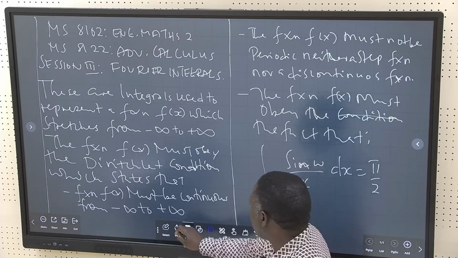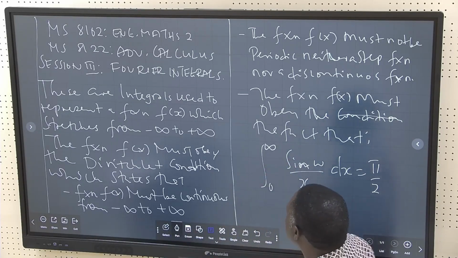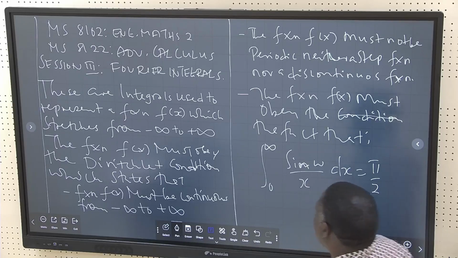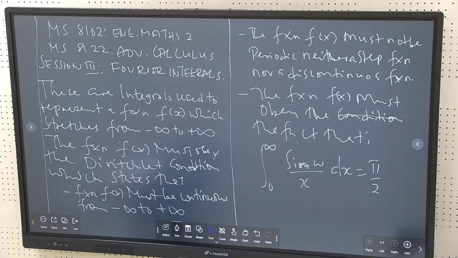So this is a very important thing. First, it must stretch from negative infinity to positive infinity. The second, f of x must not be periodic, neither should it be a step function nor a discontinuous function. And the last one must obey this condition.